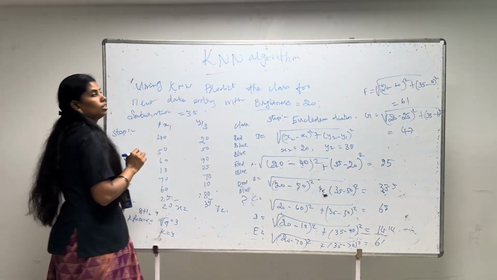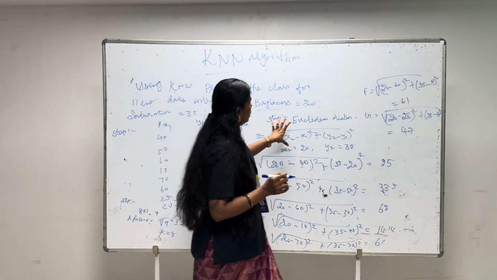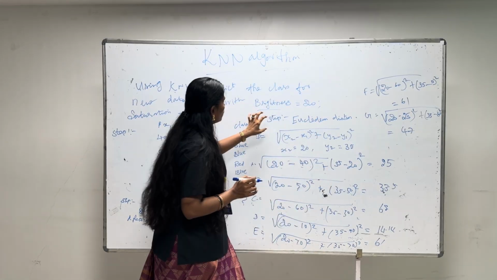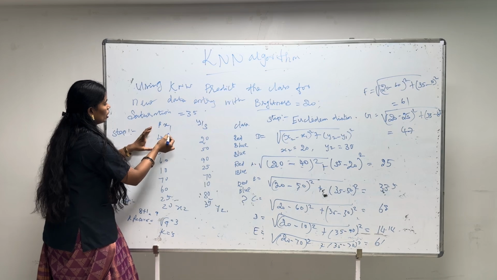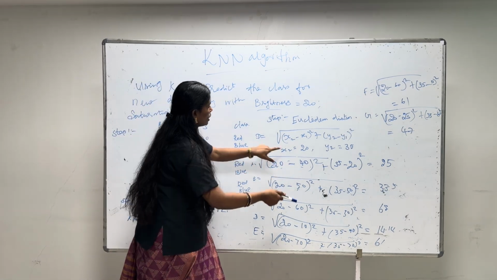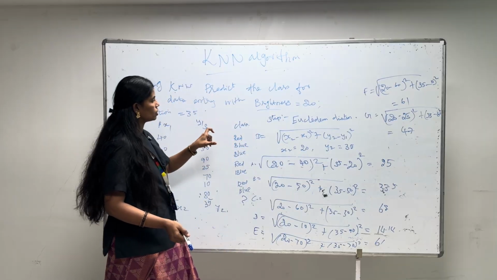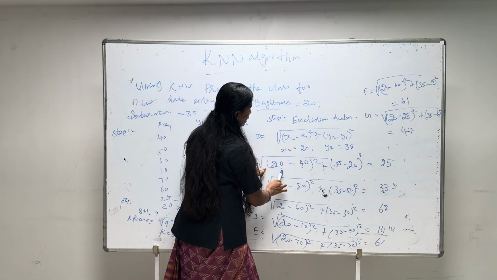So here I have calculated the distance using the Euclidean distance for all categories. Here I have taken the x1 value as 40, and the point whose category we are going to find is taken as x2.